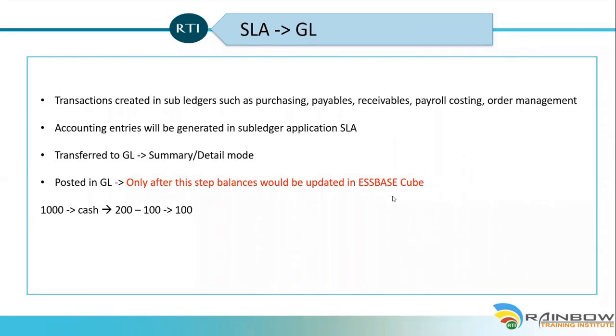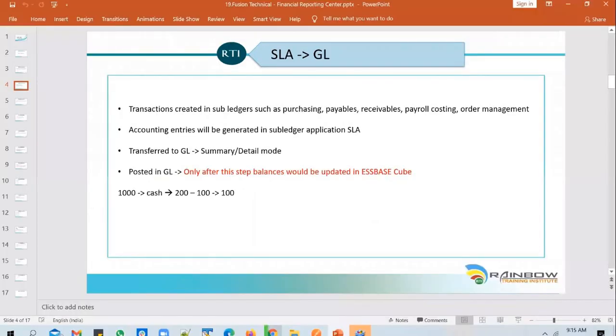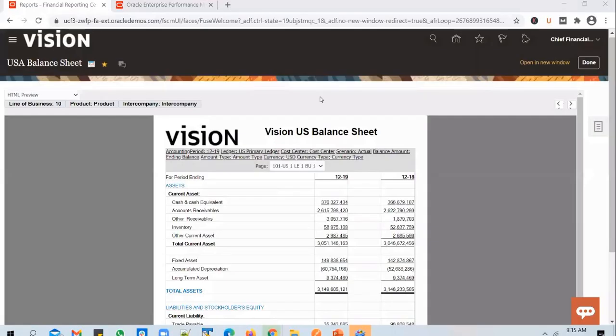And this Essbase Cube acts as a data source in FRS reports as well as Smart View reports. So when you executed this report, it hit the Essbase Cube and pulled these balances from it. Okay, and that's the background about the data source.